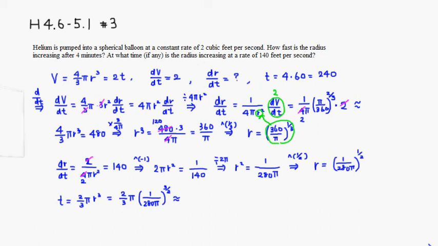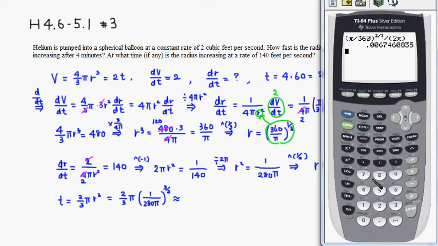Bring out a calculator. All right, so it's going to be 2/3 pi. Let's see, maybe I should write that 2 pi, right? And then divide by 3, right?